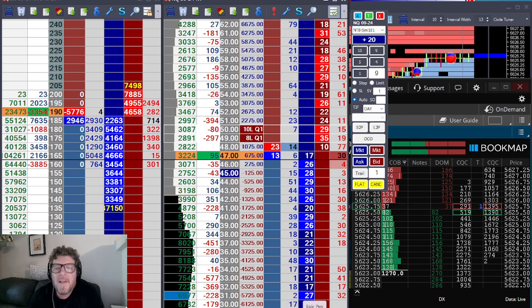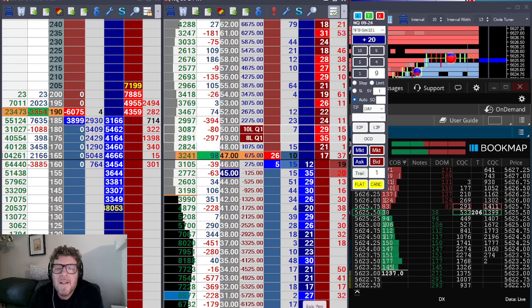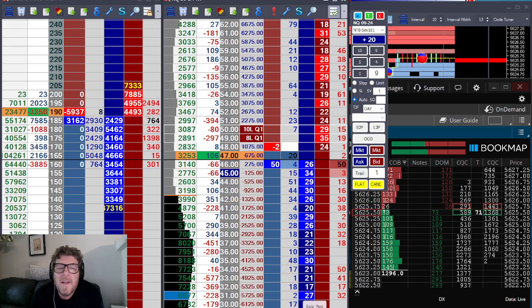I'm watching the sellers coming in on the DOM. Pretty heavy there. There's 35 lot. Yeah, it's not going to let it go. I'm going to have to break through that. There is a little void right there just above where price is printing, just above the spread. And that void will usually fill or it'll act as resistance. But it's hit it several times.